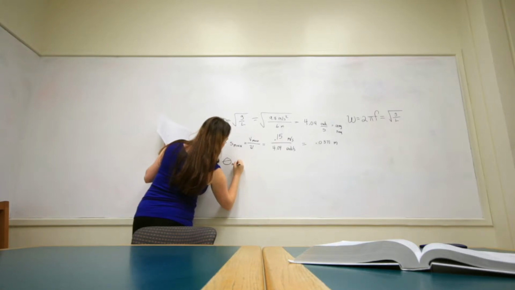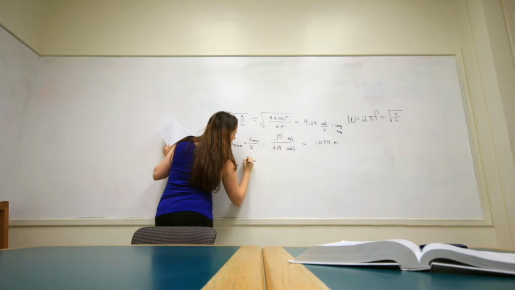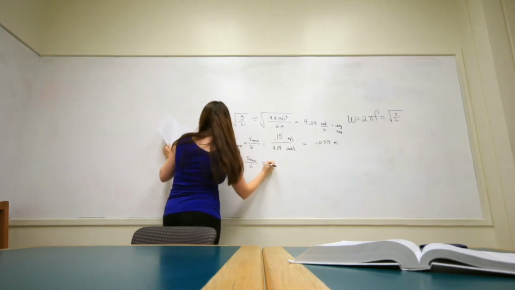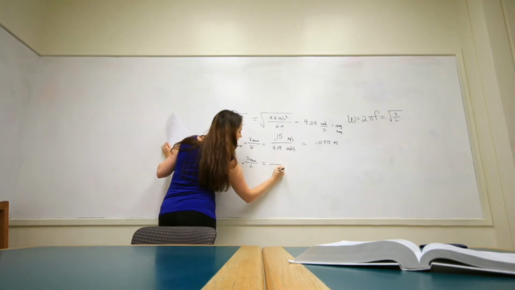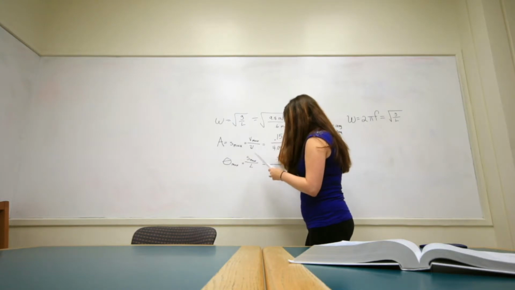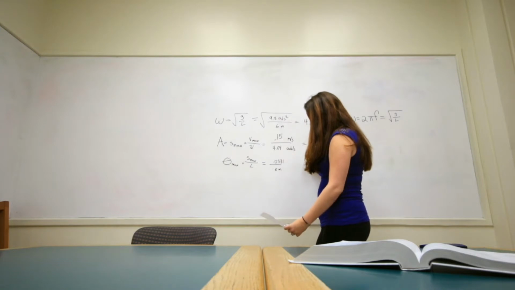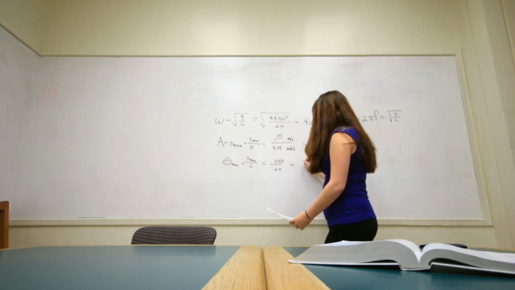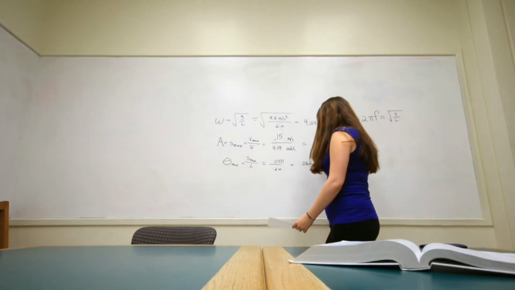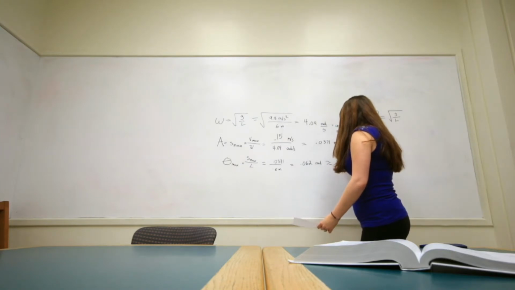Finally, we determine the maximum angle. At the maximum arc length at the fastest speed, theta max equals max arc length over the length of the string, which is 0.6 meters. That would equal 0.062 radians, which is roughly 3.6 degrees.